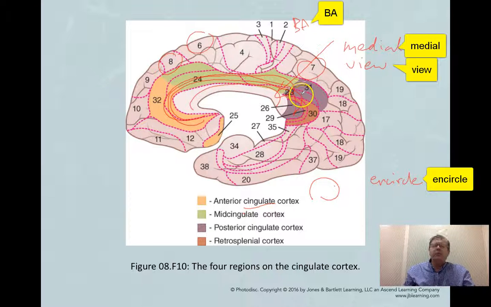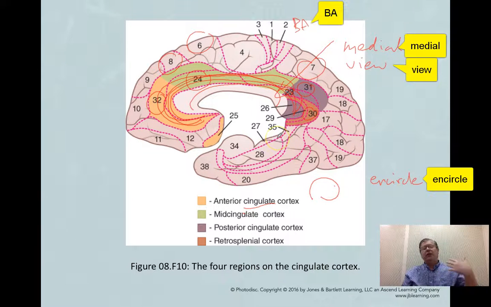And of course, to make the point again to you about the Brodmann's areas, you'll notice that although Brodmann's areas 24 and 32 are different in cellular structure, that's why they have different numbers, they're both a part of this cingulate cortex, and the same thing is true of areas 31, 30, and so forth.